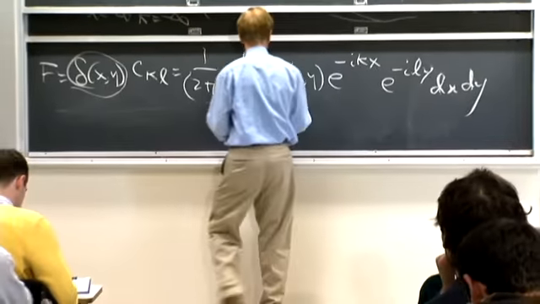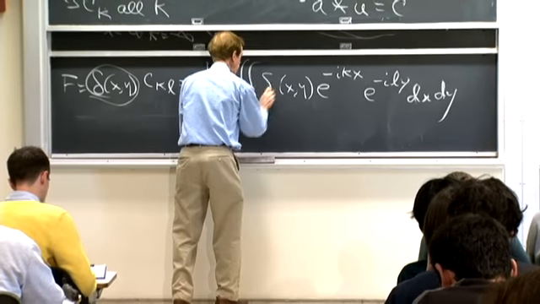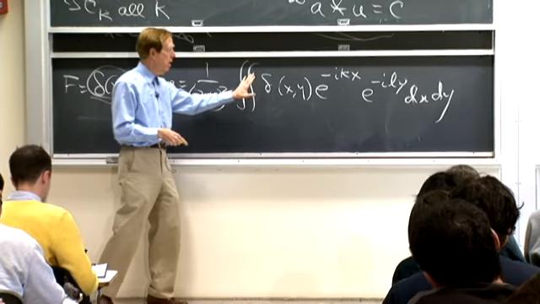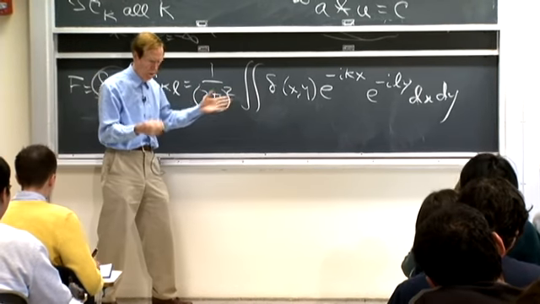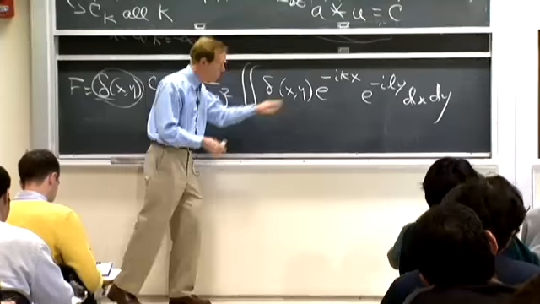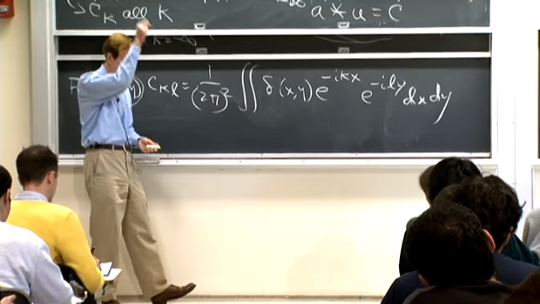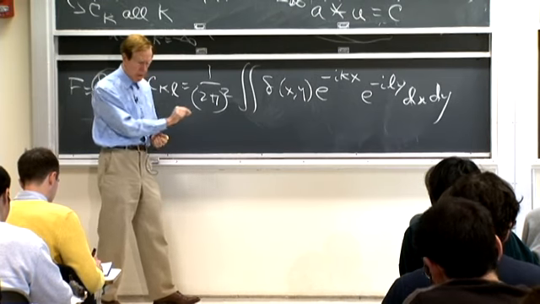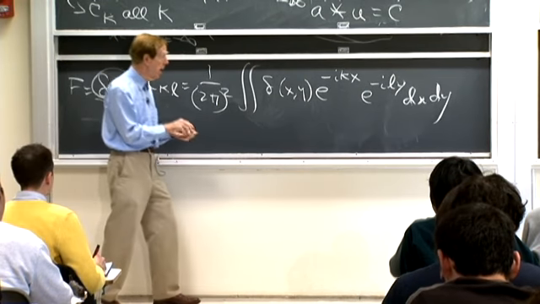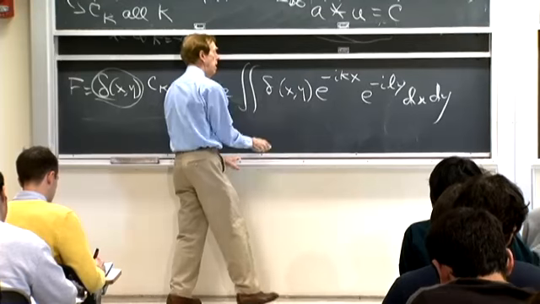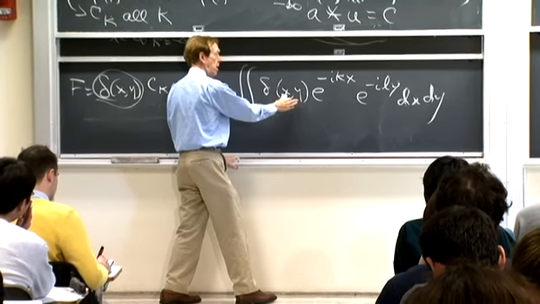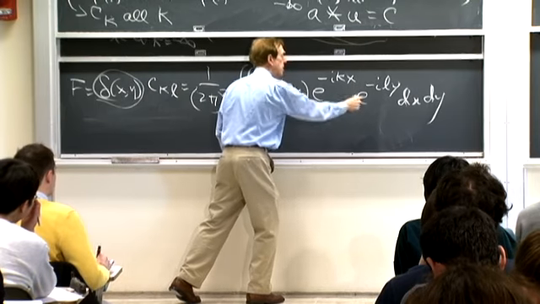So if this is a two-dimensional delta function, the rule is that when I integrate over a region that includes the spike, it's a spike sitting up above a plane now, instead of sitting above a line, then I get the value of this at the origin. This is the delta function at the origin.